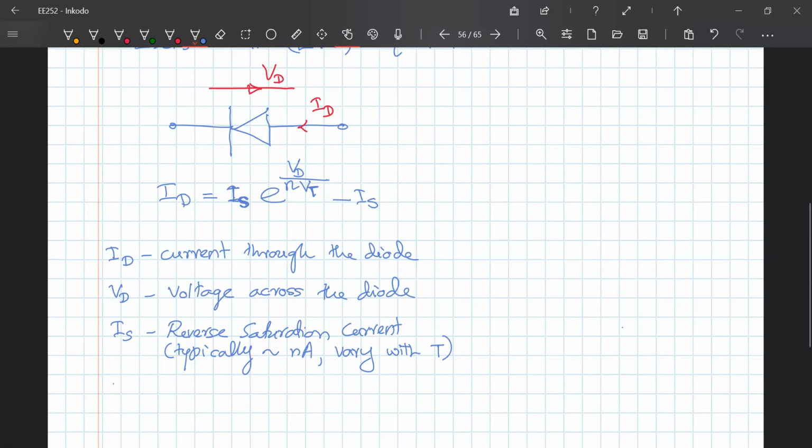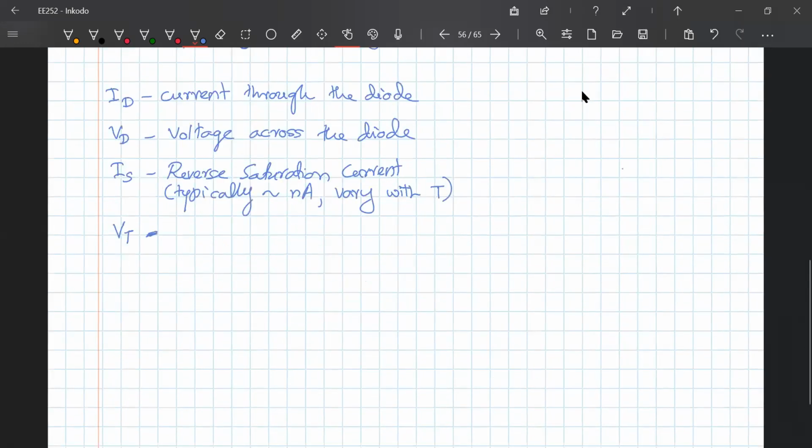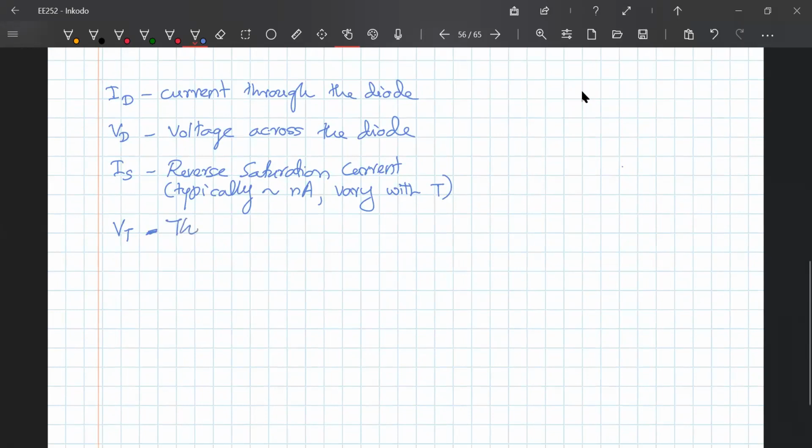Whereas this VT, this quantity over here, okay, VT is called the thermal voltage. This can be written as VT equals the Boltzmann constant times the absolute temperature T divided by the charge of an electron.